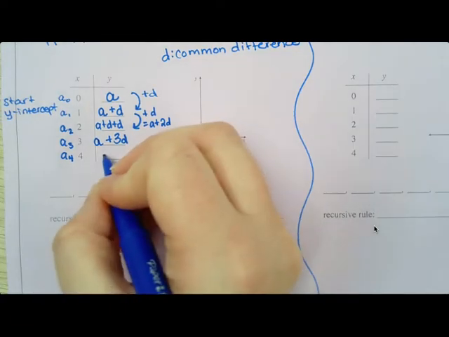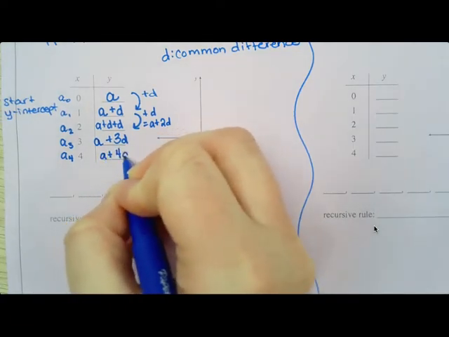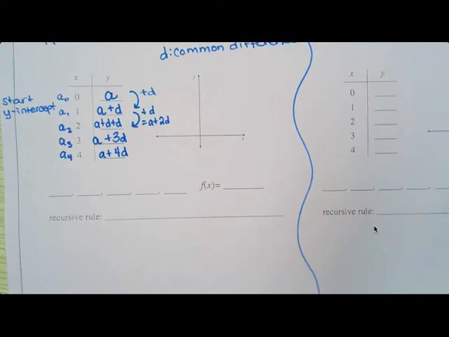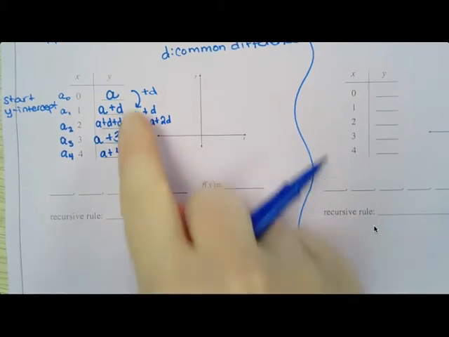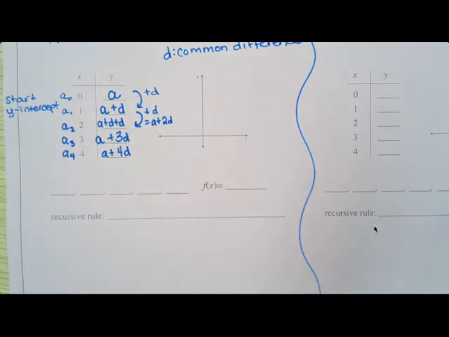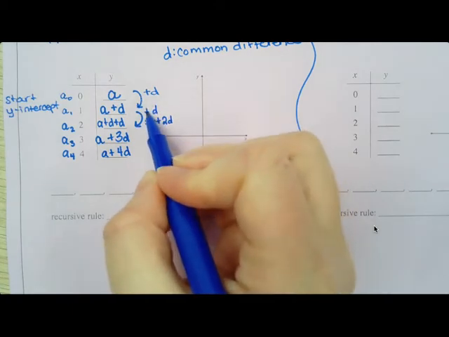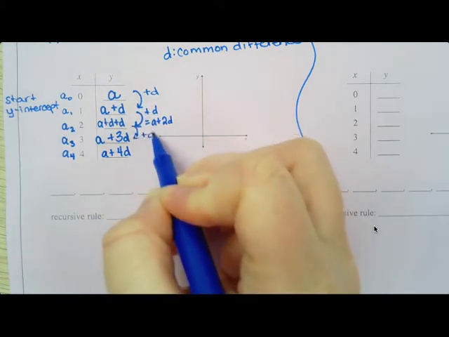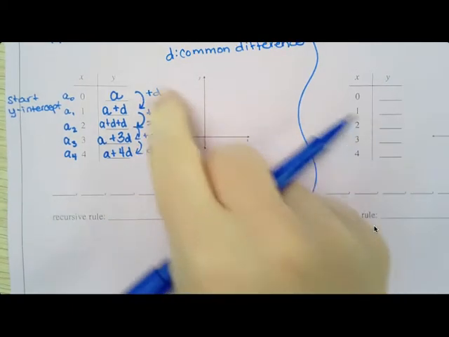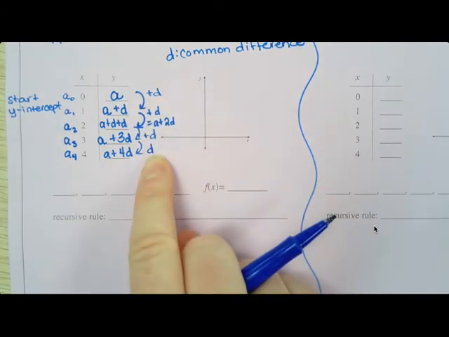And then the next one would be A plus 4D. Why? Because you've added D to this 4 times: plus D, plus D, plus D, and plus D.